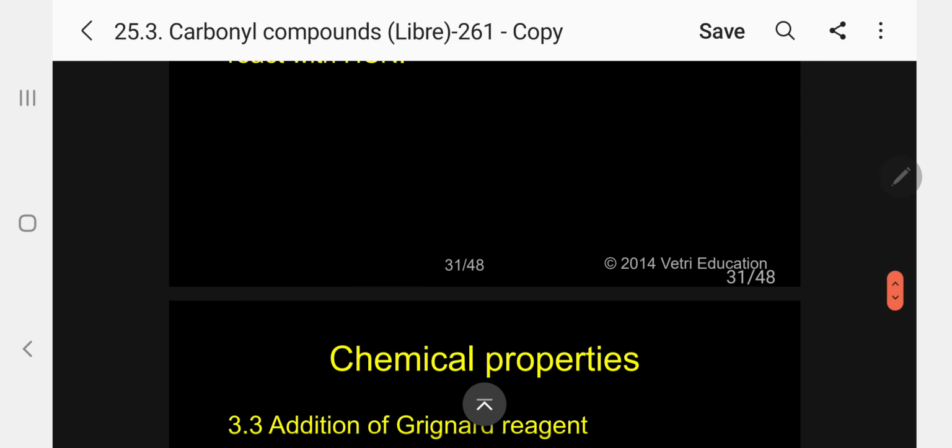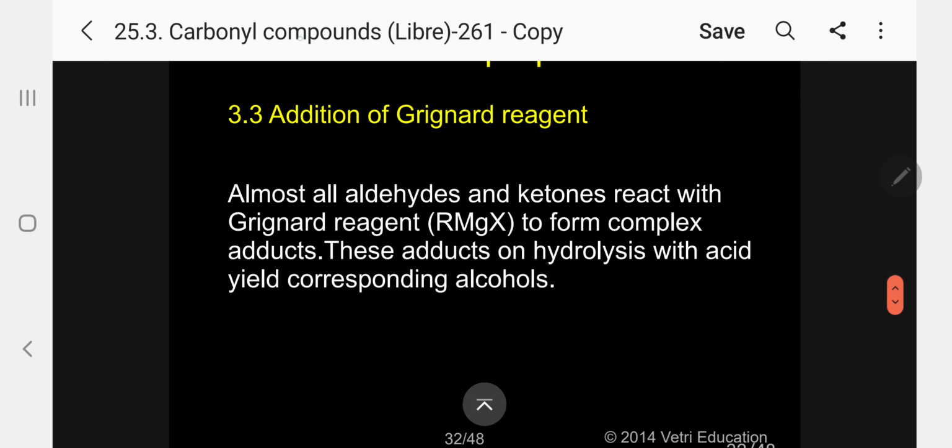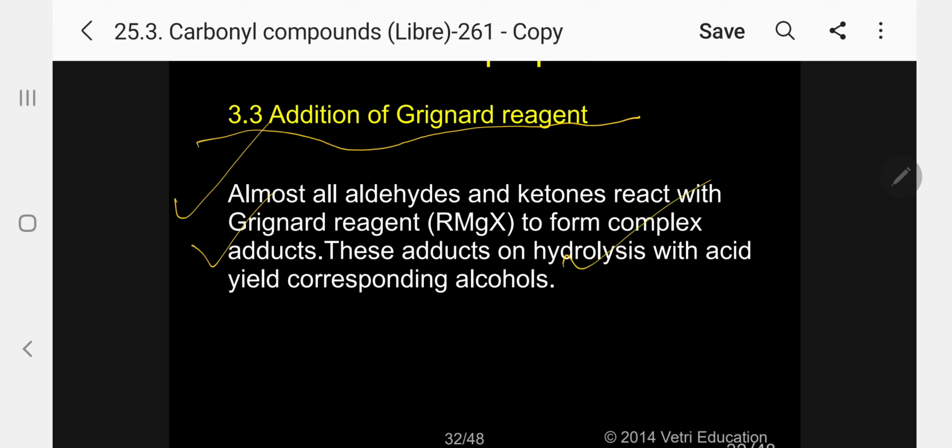Kindly follow. The third most important addition reaction is addition of Grignard reagent. Very, very important. Almost all aldehydes and ketones react with the Grignard reagent, RMgX in general formula, to form a complex adduct. These adducts on hydrolysis with acid yield the corresponding alcohol.